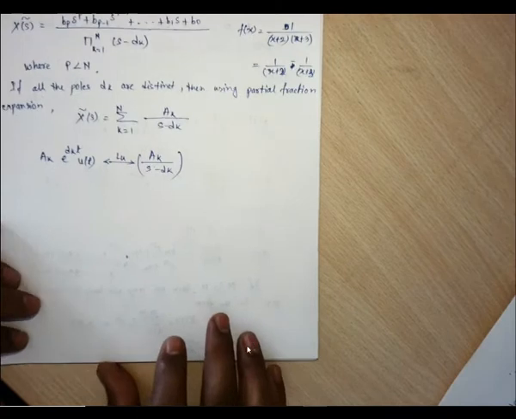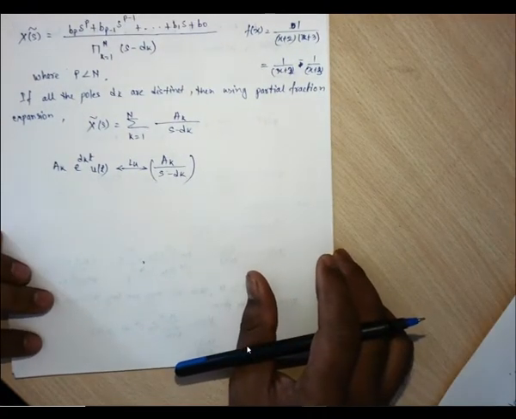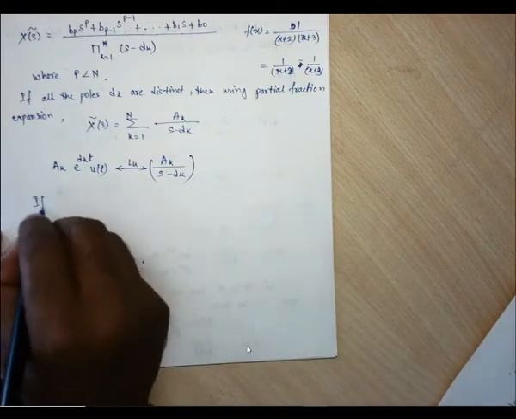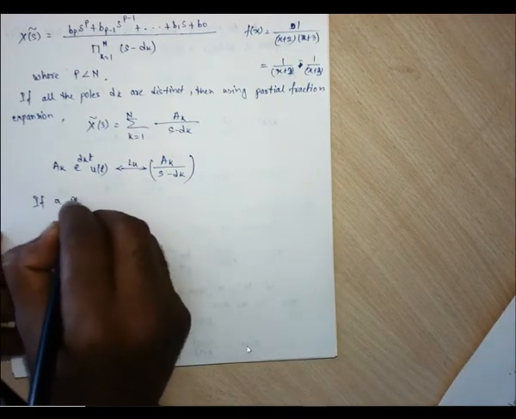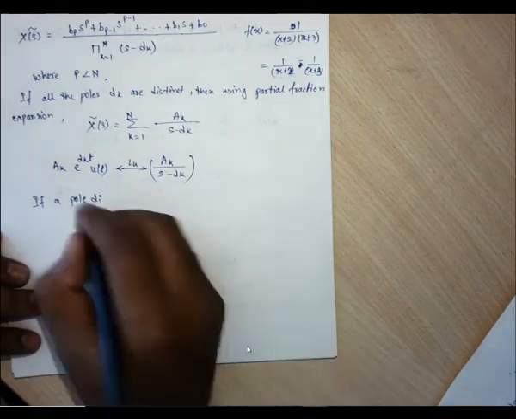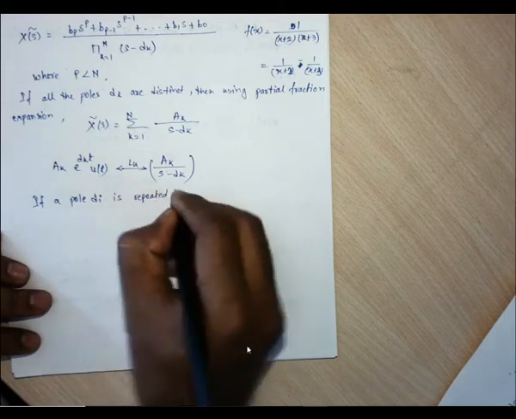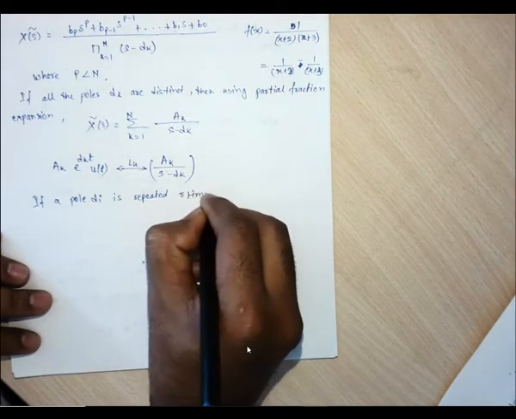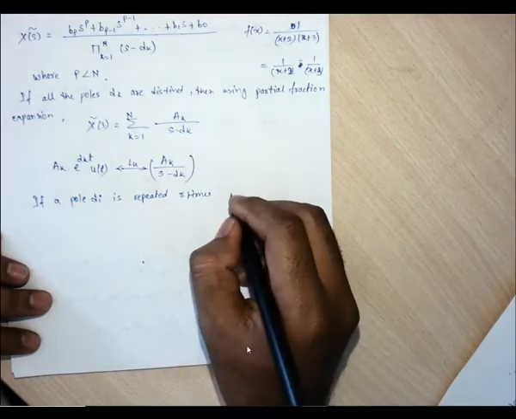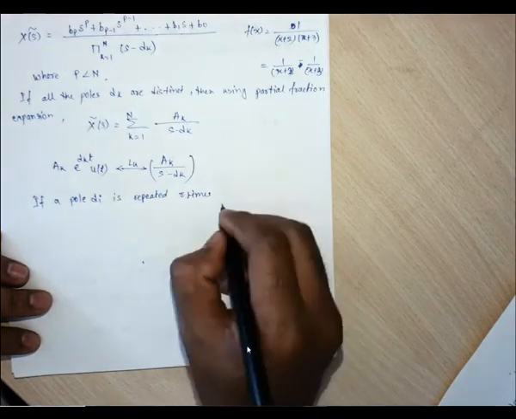So in this way, if a pole di is repeated, let us consider the number of times they are repeating. If a pole di is repeated r times, then there are terms in the partial fraction expansion.